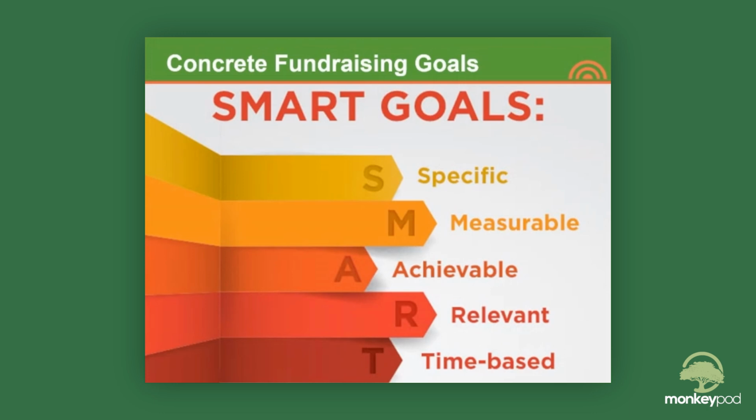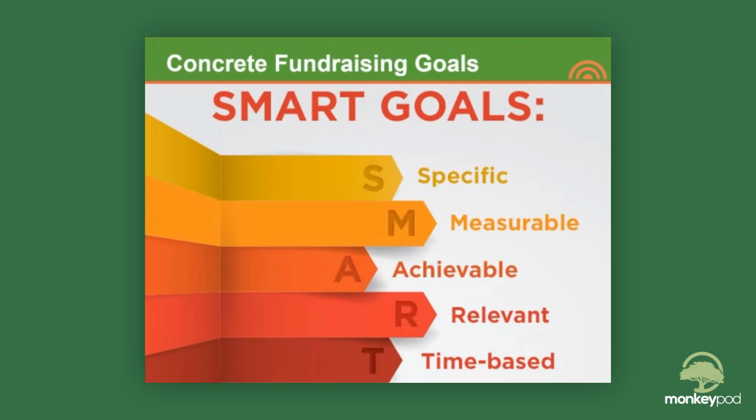We want to make sure your goals are specific. Things like, we're going to raise $10,000. We're going to gain 400 new donors. We're going to raise 20% more in total donations compared to last year. We're going to increase donor retention by 2%, or recruit 10 new volunteers to be engaged in our fundraising strategy.